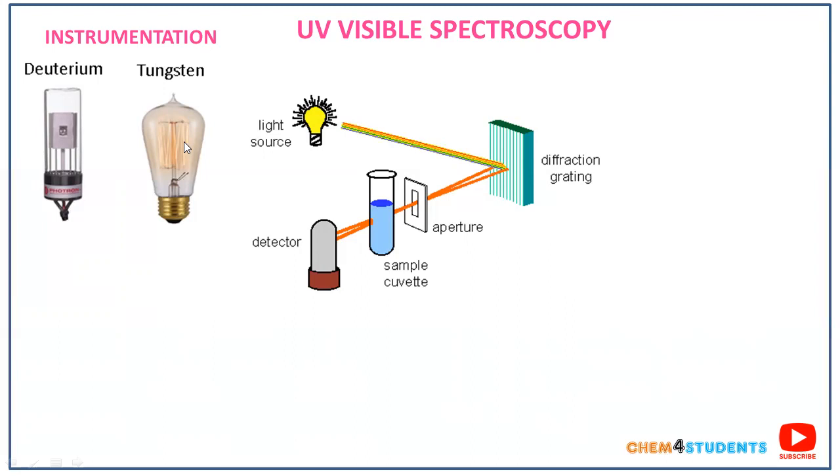It is an inexpensive component, so we can use it, and that's why it is the most widely used one. We have another important visible light source, the carbon arc lamp, which produces high light intensity. But if that is not required, the tungsten lamp is sufficient for us to know the absorbance of the sample solution.